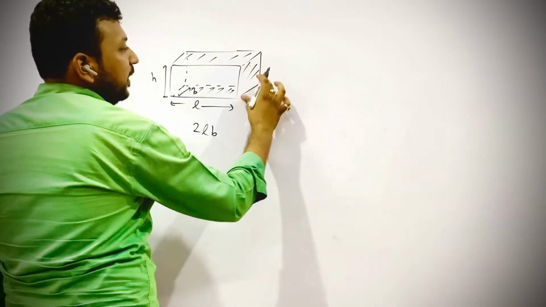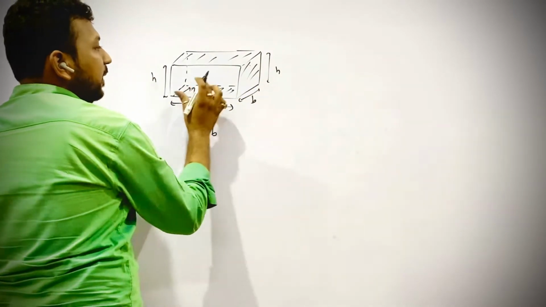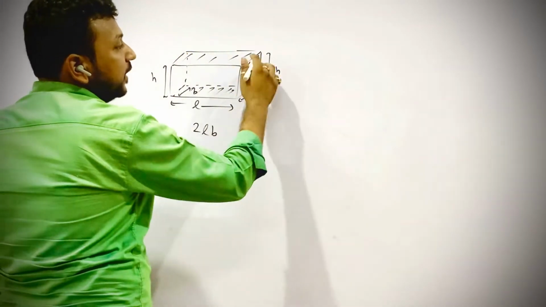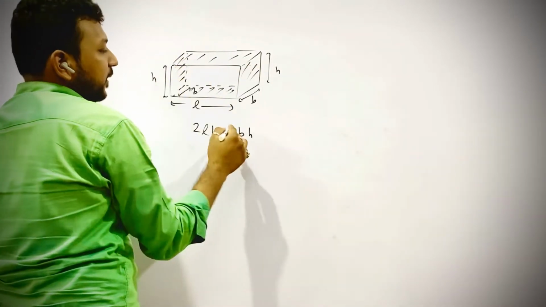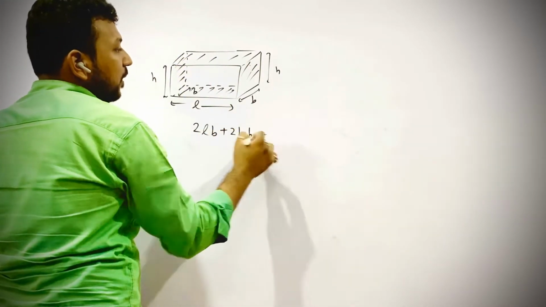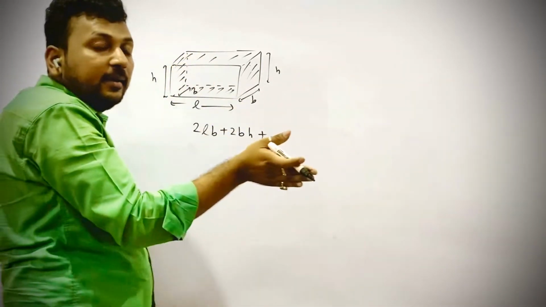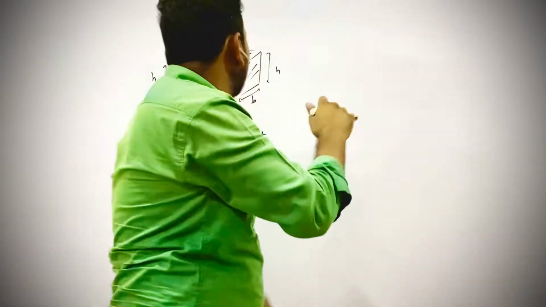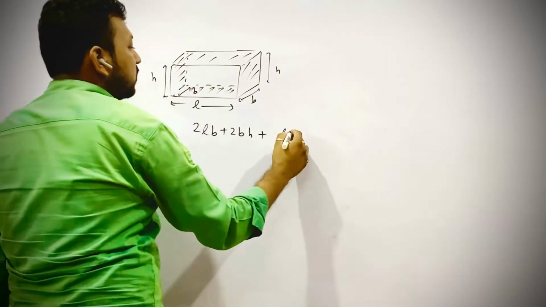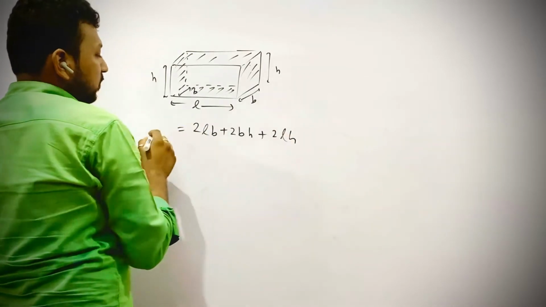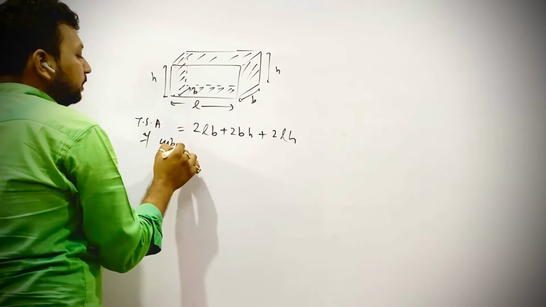This is B, this is H. So the area is B into H. Similar is the area of this surface, that means 2 times. Plus, now there is this whole side here and the same thing on the back side. What is the area of this side? It is L into H. Same thing on the back side. So that is the total surface area of the cuboid.